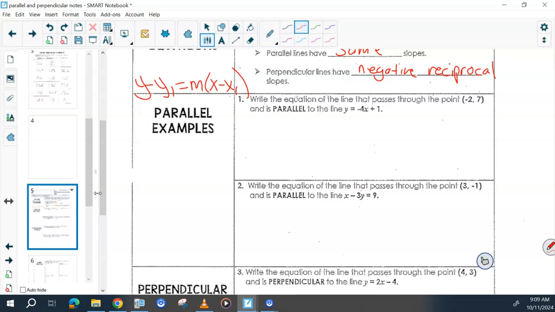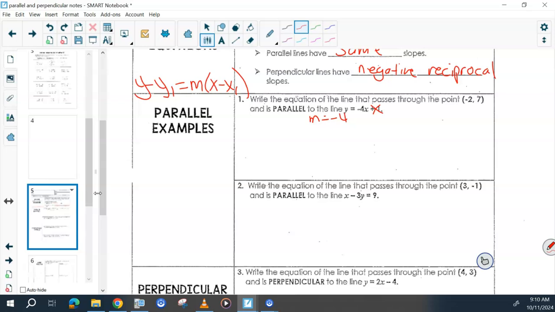The very first thing we need to do is cross out the y-intercept because we're not going to use it. We don't need it. It will only confuse you later. So just get rid of it. Because this is parallel, we know the slopes have to be the same. Guys, stop talking. We're going to use that same slope, m equals -4.